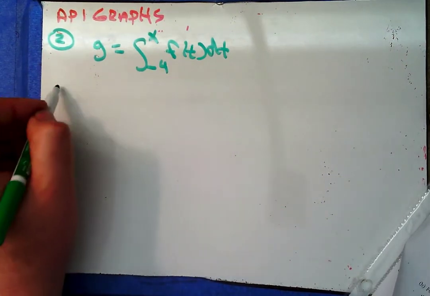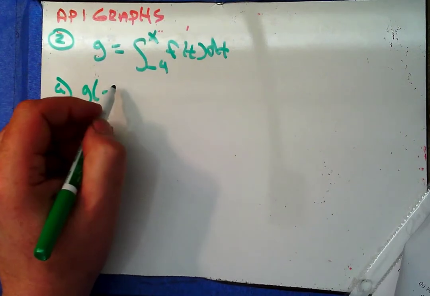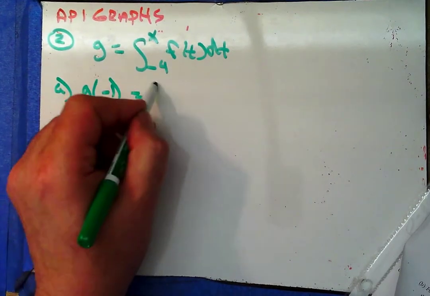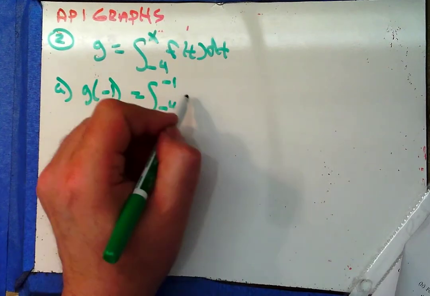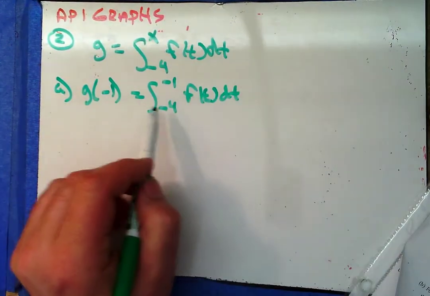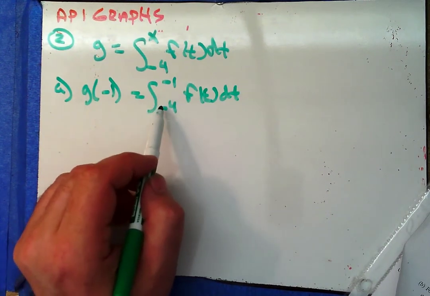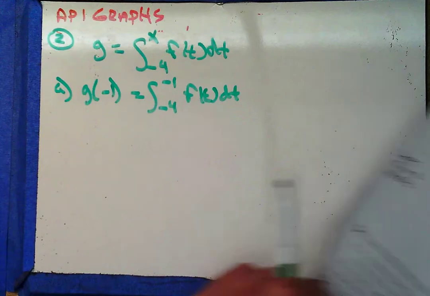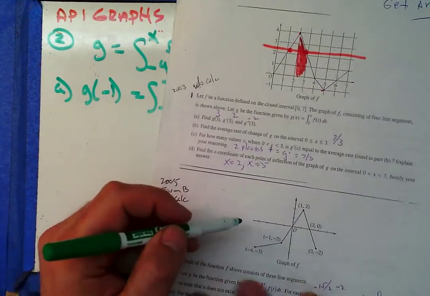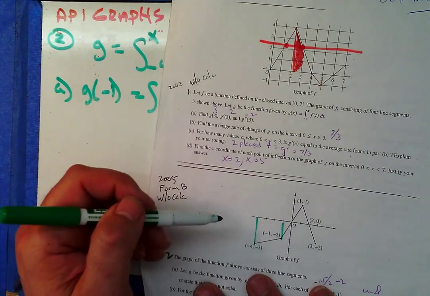Okay, so for part A, we want G of -1, which would be the integral from -4 to -1 of f of t dt. And that represents the area between the curve and the x-axis from -4 to -1. So from -4 to -1, I see a trapezoid.